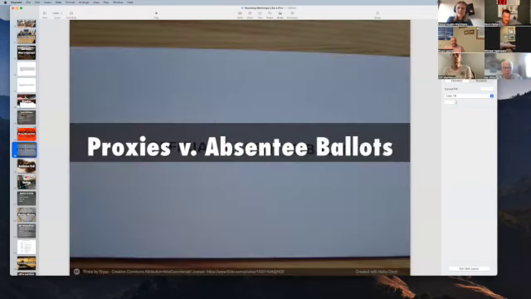Now, one other thing, a lot of boards and even managers don't distinguish between a proxy and an absentee ballot. Those are very, very different things. And Robert's rules discourages absentee ballots. What an absentee ballot is, it's, here's everything we're going to vote on at the annual meeting. Go ahead and vote in advance if you can't make it.